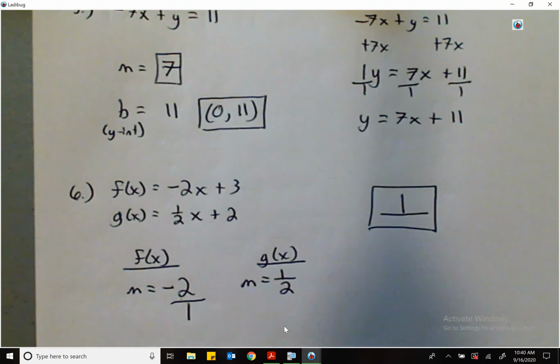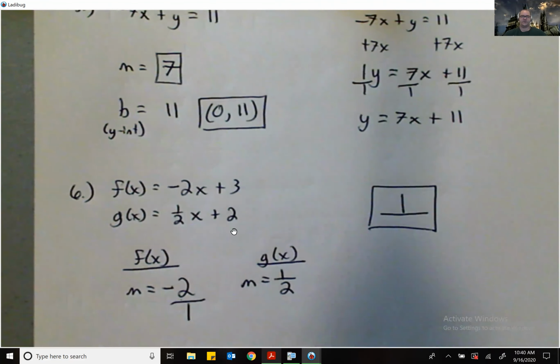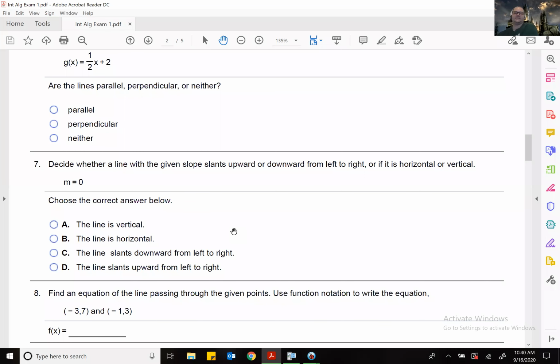All right. Number 7. It says determine whether a line with the given slope slants upward, which means that it's positive, slants downward, which means that it's negative, or if it is horizontal or vertical. So the slope of 0.